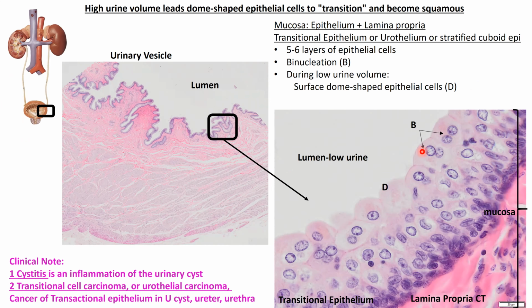One is here, another one here, there is another one, and guess what? This is a mitosis. And during low urine volume, as we said before, the surface dome-shaped epithelial cells are bulging into the lumen. And I also labeled for you again: this is your transitional epithelium. The pink is the lamina propria. The two together is the mucosa.